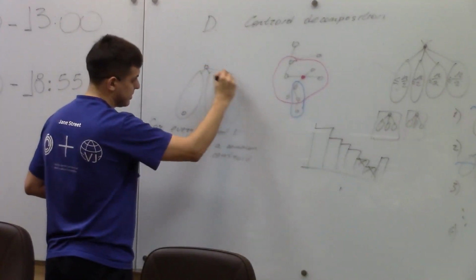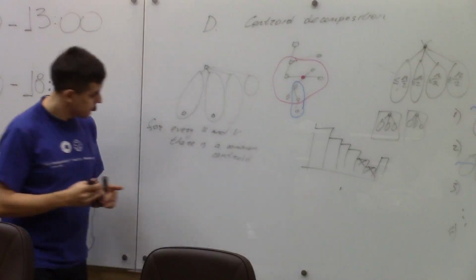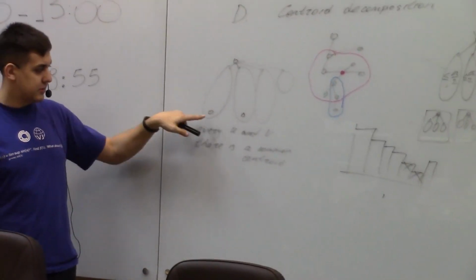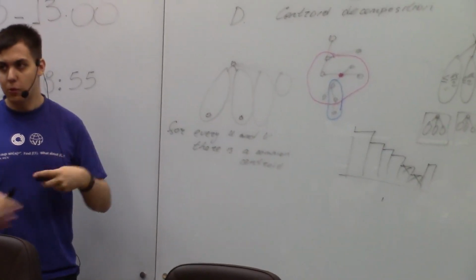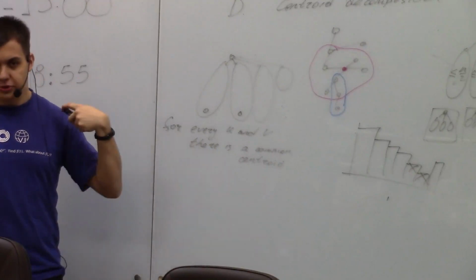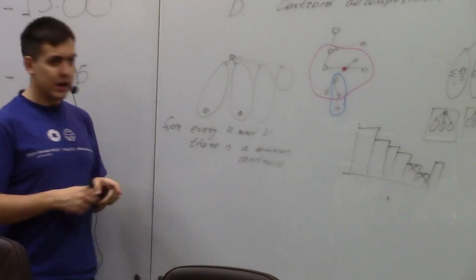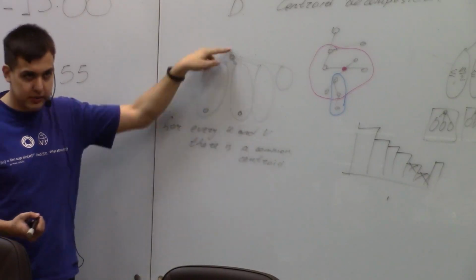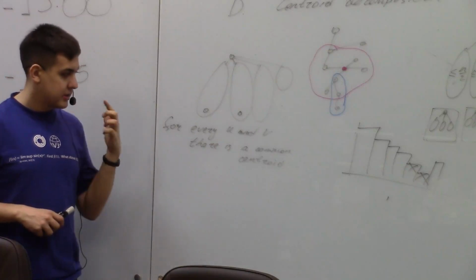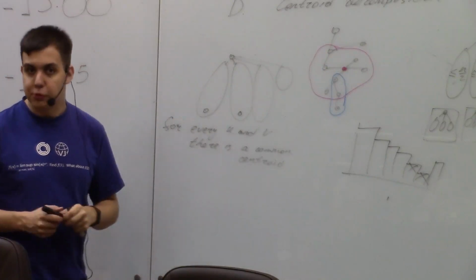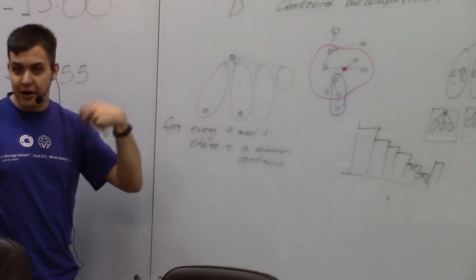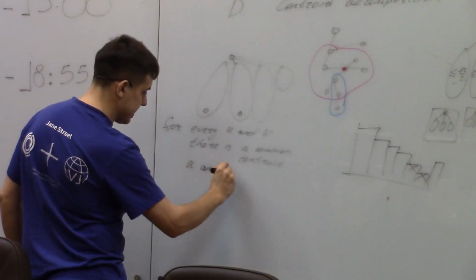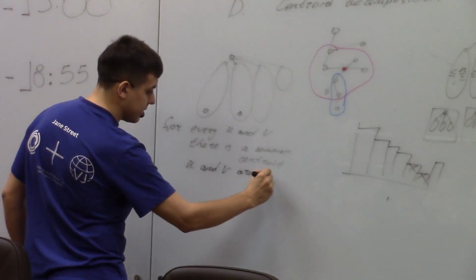At the first time these two vertices become disconnected, or one of them gets removed, there is a common centroid. Because if we remove this vertex, these two become separated, this is a common centroid. And the important fact here is that U and V are in different subtrees.